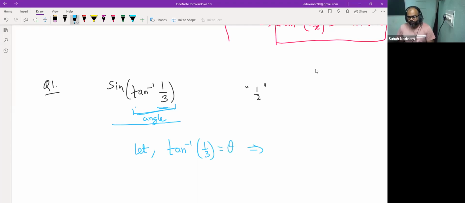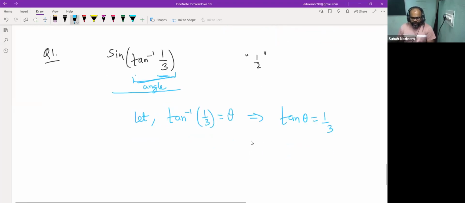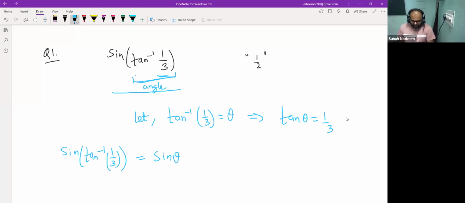So tan theta is equal to 1 by 3. Now what we have to find is sine of tan inverse 1 by 3, that is, we have to find sine theta. So tan theta is 1 by 3, and you have to find sine theta.